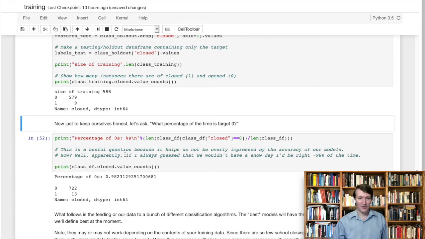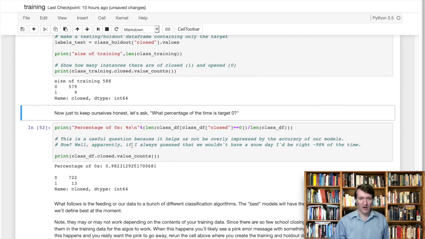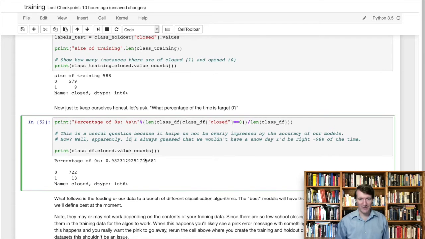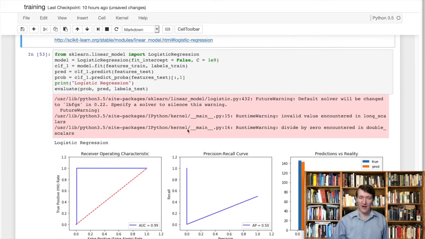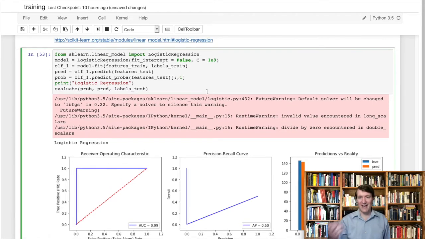So this is a much more reasonable draw. This won't change because this is based on the base data. But now this is going to change because now we have different training data, right? So now we have 9 positives as opposed to 12, which means that we now also have more in the testing data to test against.